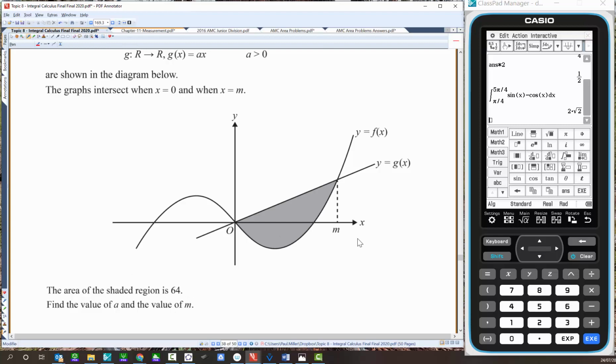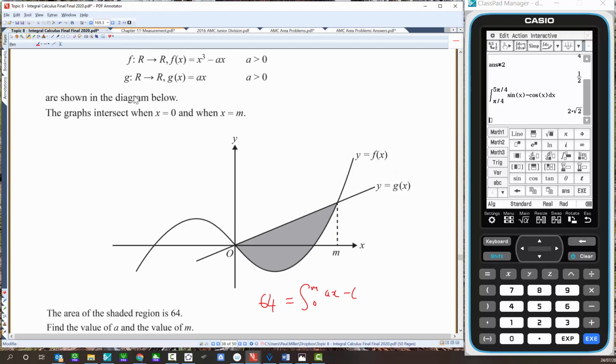All right. So what I presume we're going to do is 64 equals integral between m and 0. Top function is g of x, and g of x is ax. Subtract bottom function is f of x, x to the 3, take ax dx.